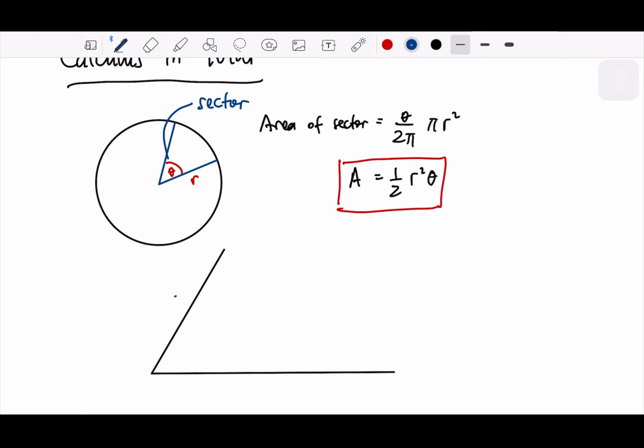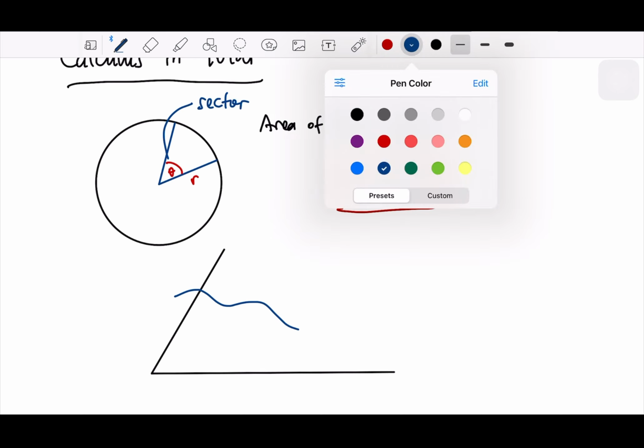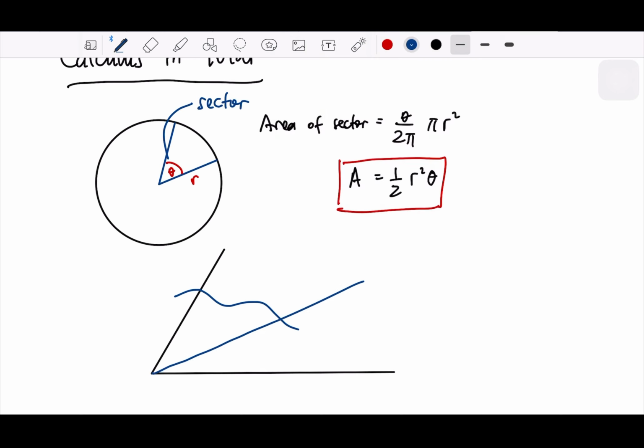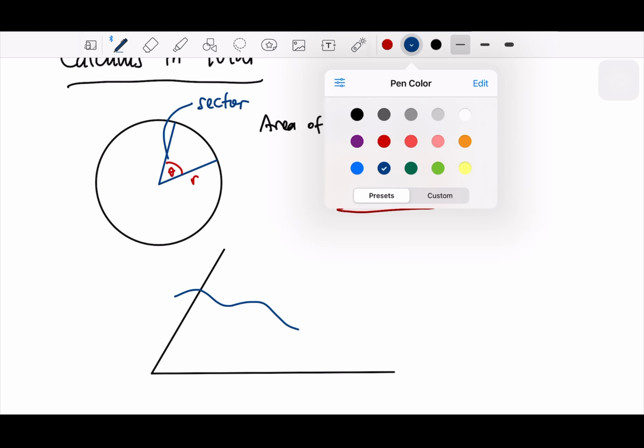So let's say we have a curve like that, and we have maybe a different color.